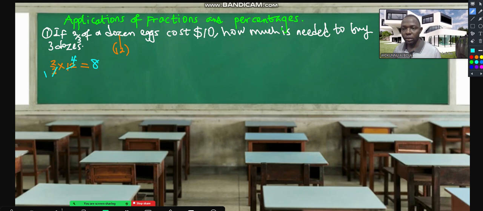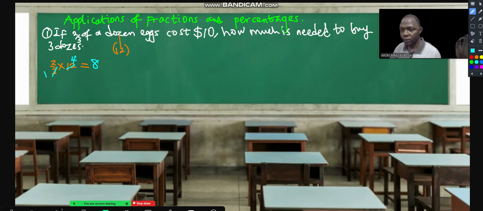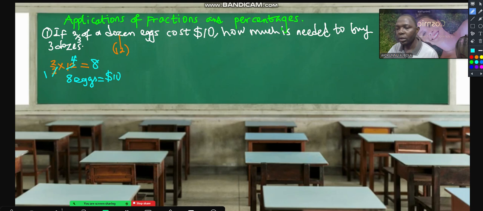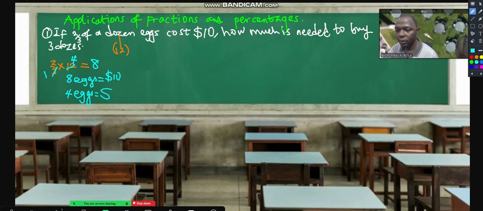So that means 8 eggs go for $10. 8 eggs equal to $10. Then we can say 4 eggs must be $5.